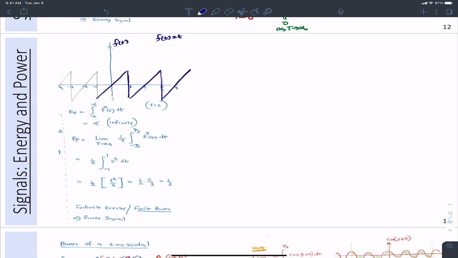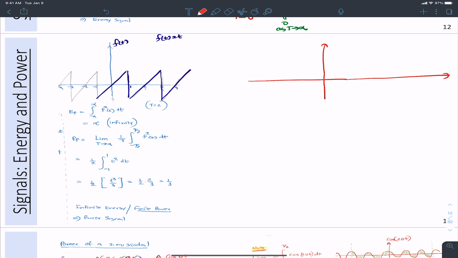So remember how I explained the energy. Let me draw f(t) squared of the function, to get some insight into why the energy is infinity for this signal.